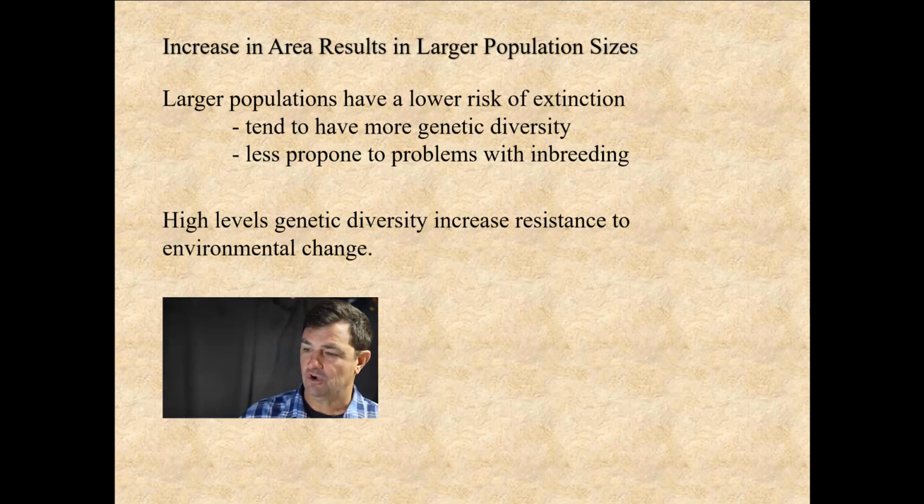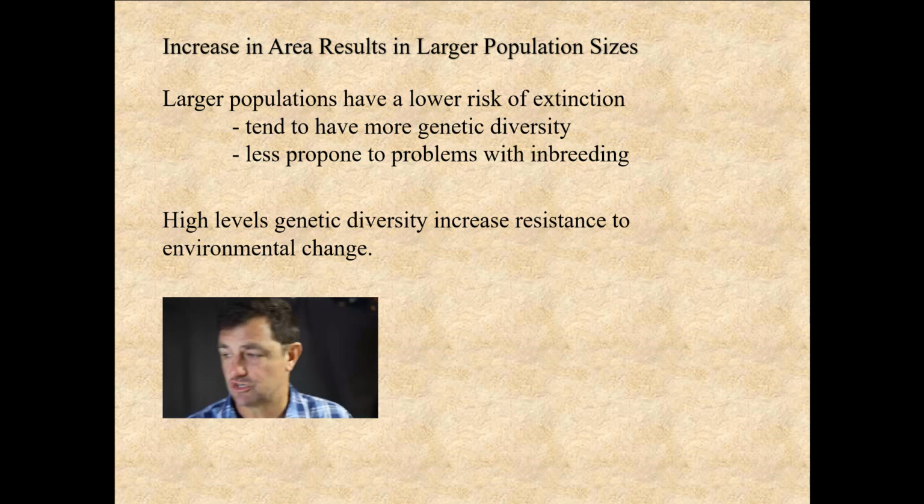Okay, so increases in area also tend to increase and allow larger population sizes. So as you have a larger population size of any plant or animal, for the most part, it ends up lowering the risk of extinction, in part because you tend to have more genetic diversity.